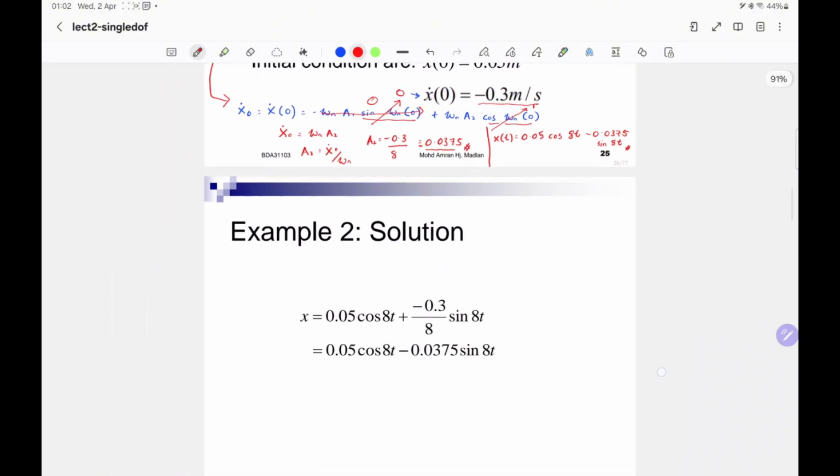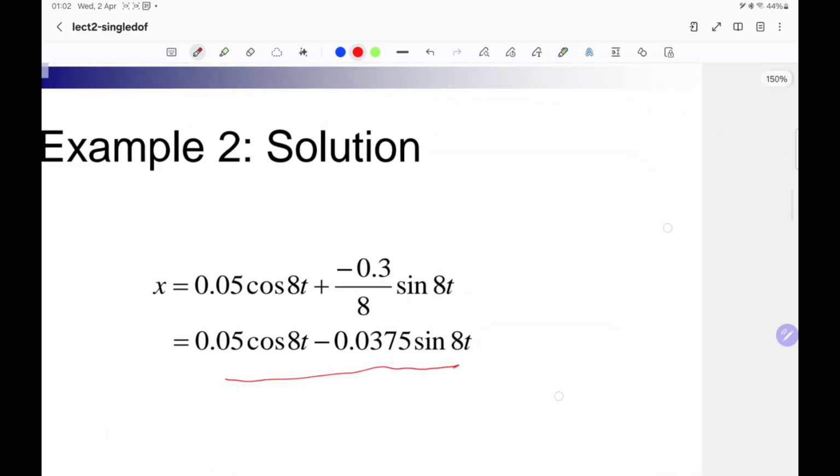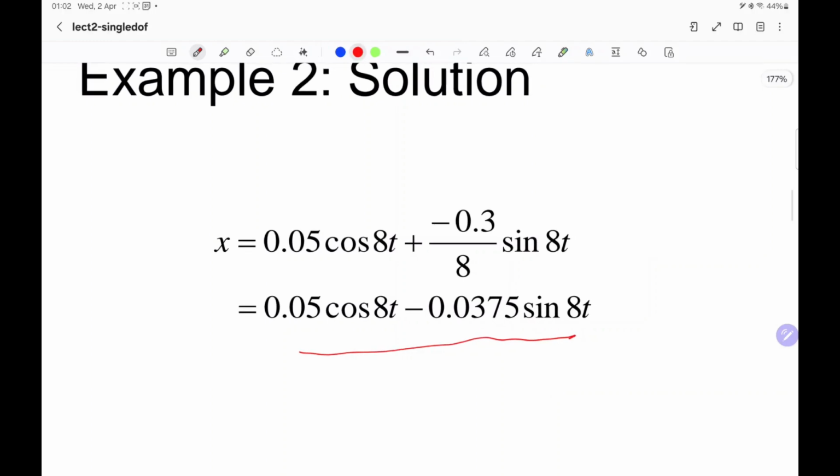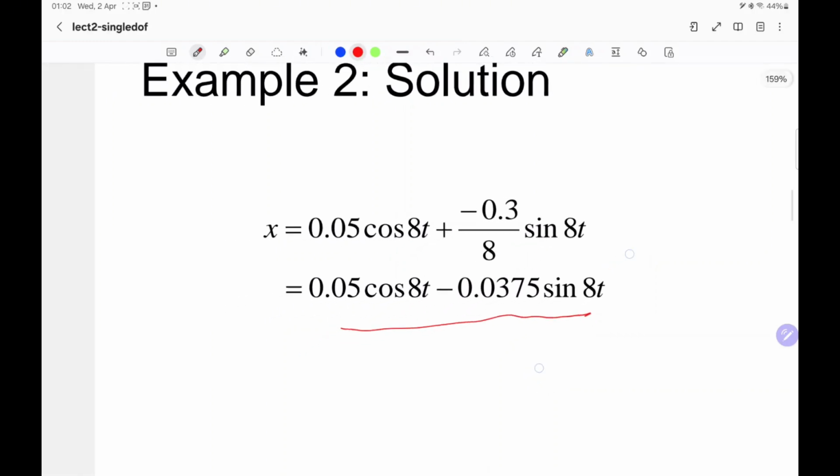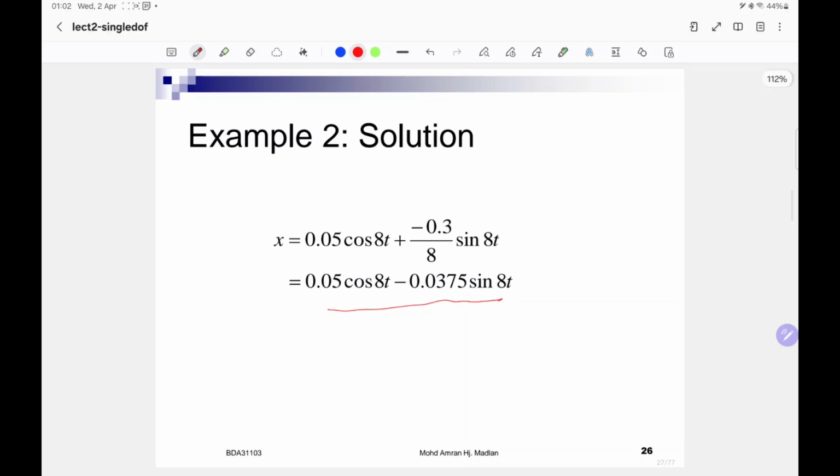So if you look here, the answer is the same. Alright, so let's say I extend this question: find x when time is equal to 8. How are you going to solve that?